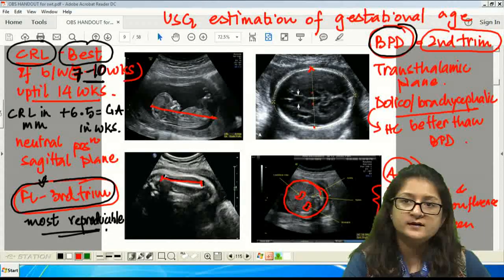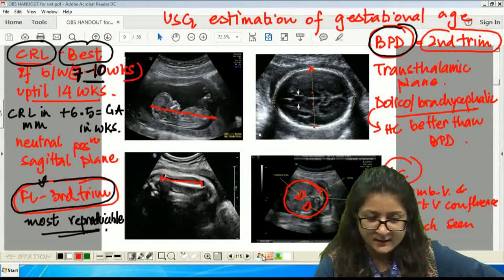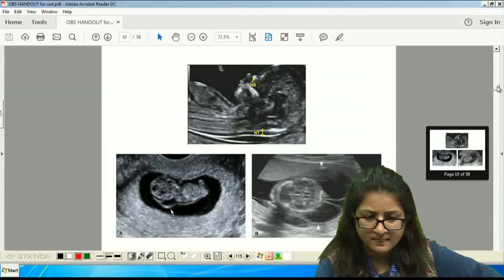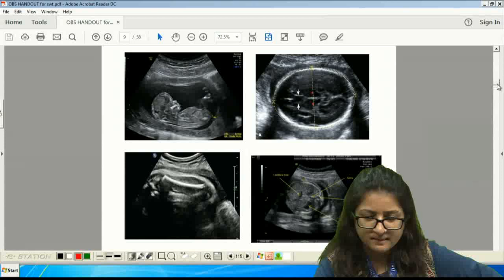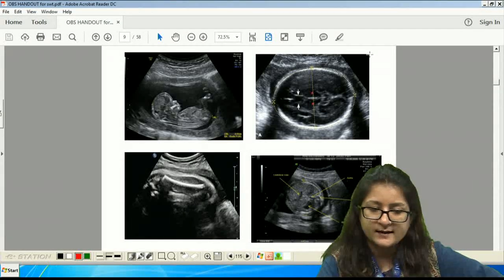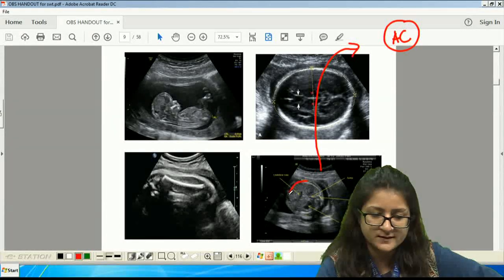I think I have written something which you might not be able to see, so let me just rewrite it here. The abdominal circumference is measured all around the abdomen.